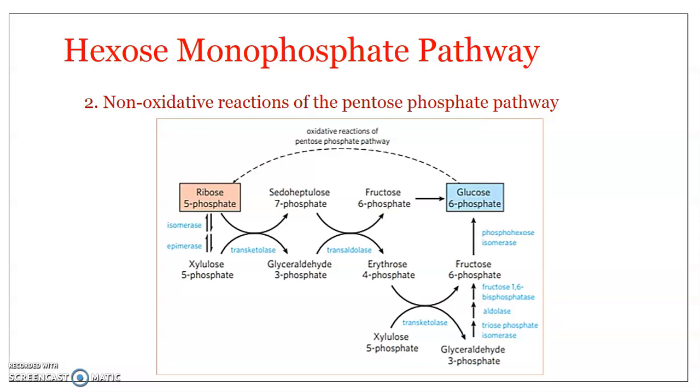So the complete oxidation of one molecule of glucose 6-phosphate in the pentose phosphate pathway will result in the formation of 6 molecules of carbon dioxide, 12 molecules of NADPH and H+, and 1 molecule of Pi. So this is how the whole reaction is completed. I hope this part is clear.